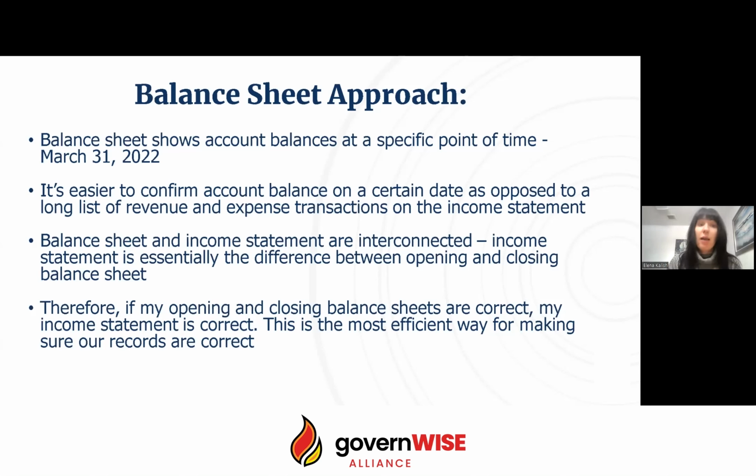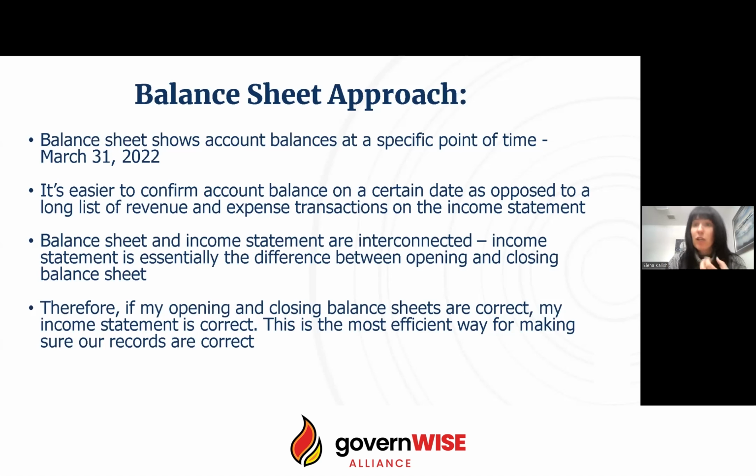And so the balance sheet shows account balances at a specific point in time. So here in my example, it's March 31st, 2022. That's my year end, for an example. So if we were to try and confirm every balance on the income statement, they consist of many transactions, right?